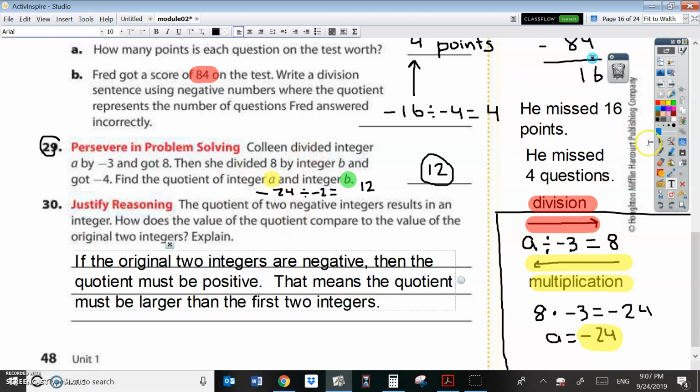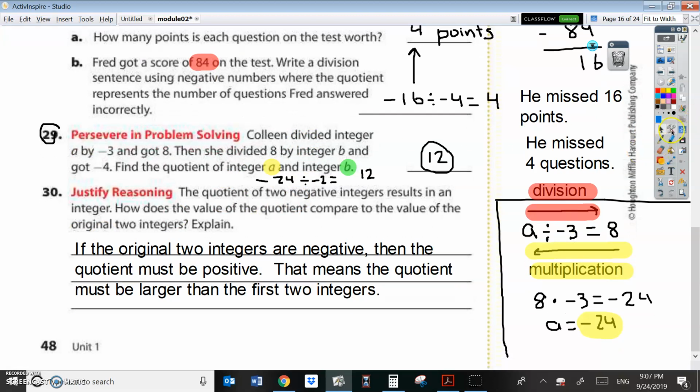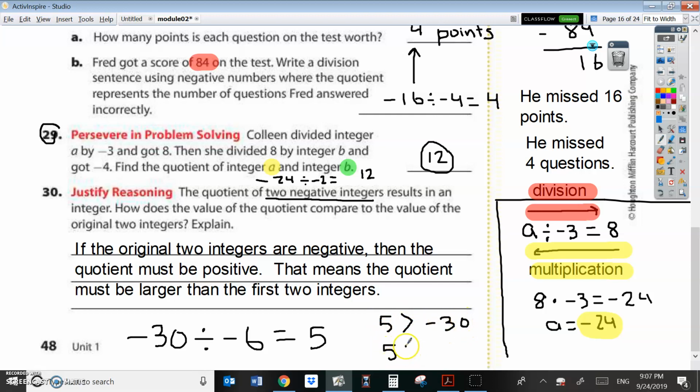Okay, so let's prove that here. So for example, two negative integers will have -30 divided by -6, and that gives us 5. 5 is greater than -30, and 5 is greater than -6.